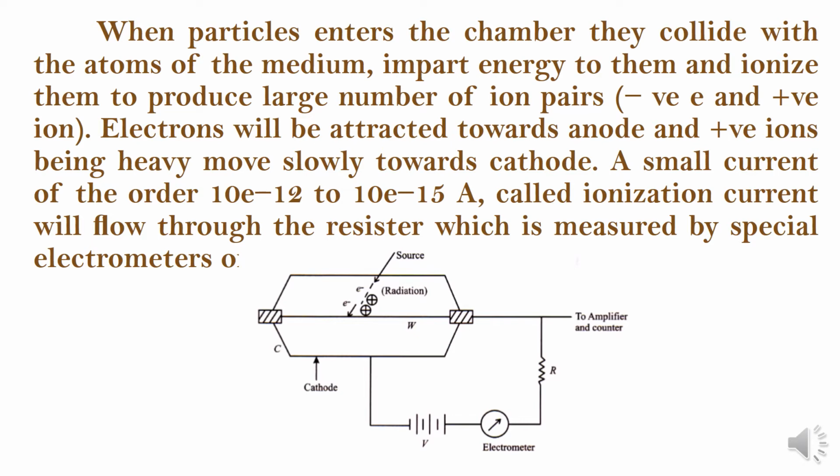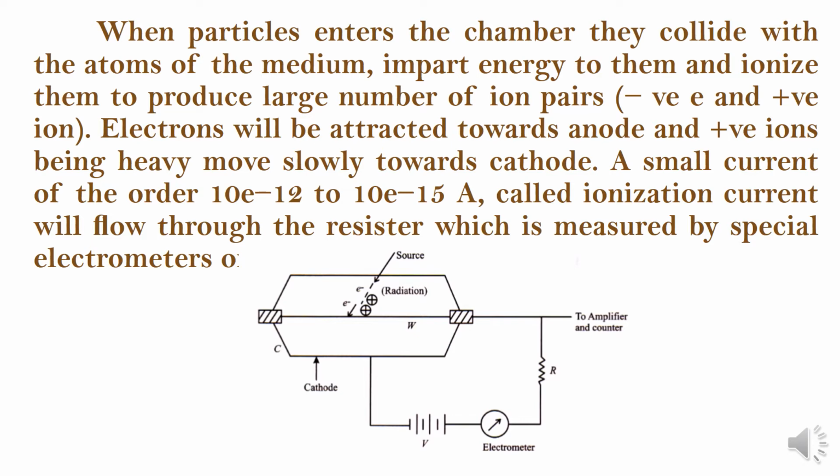When the source enters the detector chamber, the chamber is filled with gas atoms and molecules, and when the radiation enters the chamber, it will interact with the atoms and result in ionization. During ionization, a neutral atom of the material medium will split into two parts: one is a negatively charged electron and another is a positively charged ion.